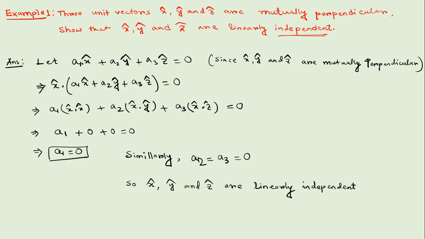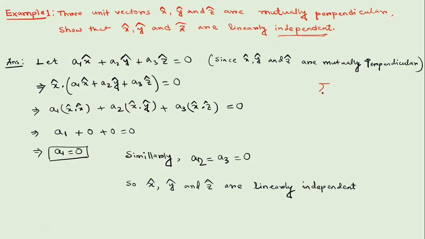So this can be written only if a1, a2, a3 are all equal to 0. Only if these three are equal to 0 can this sum equal 0. So these are linearly independent.